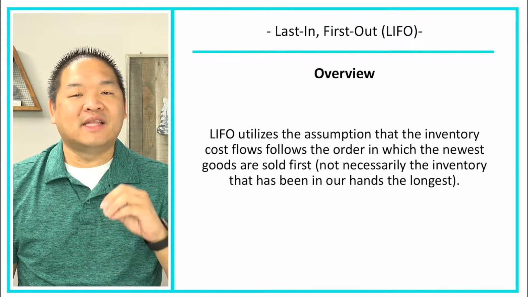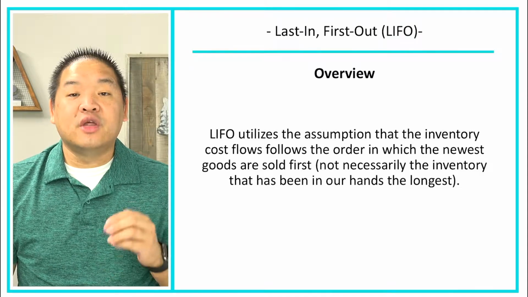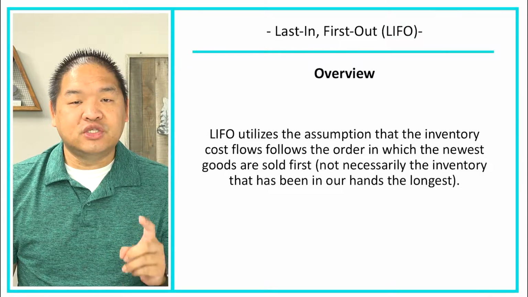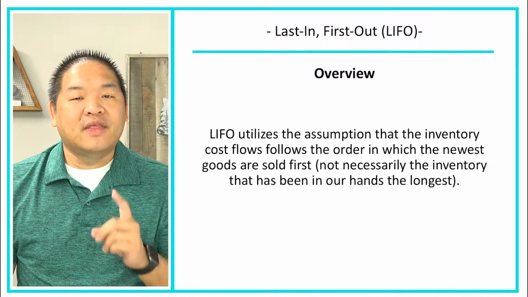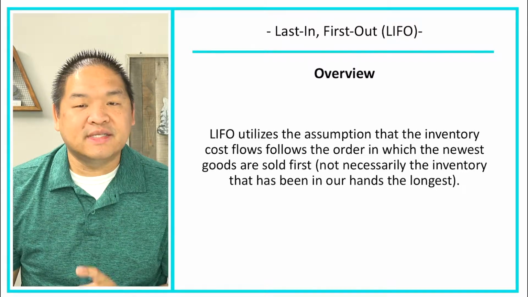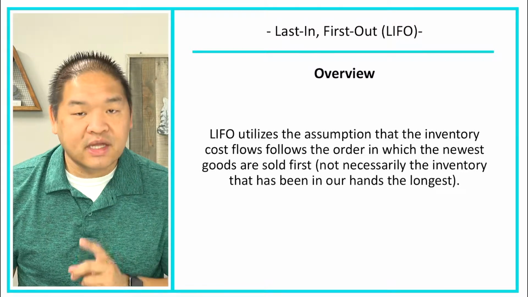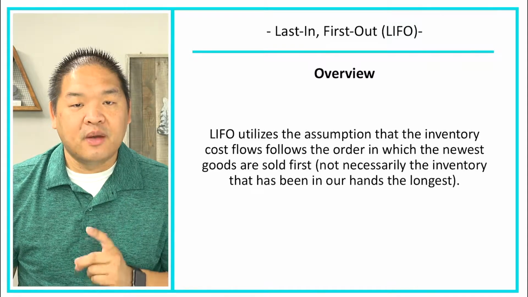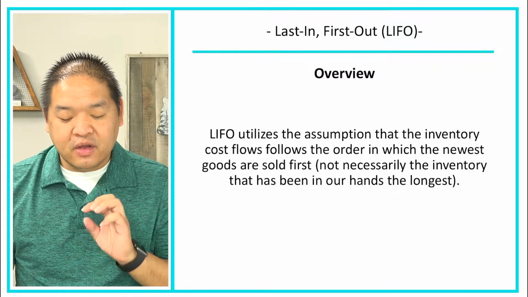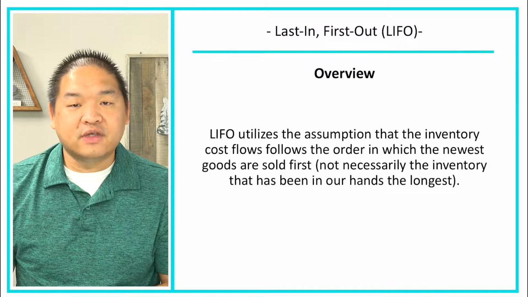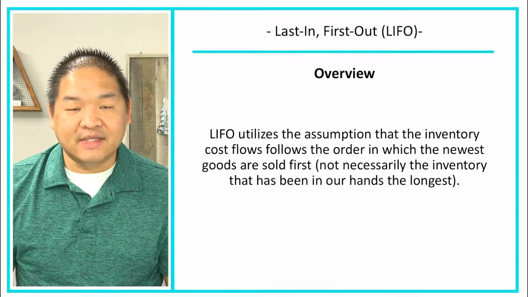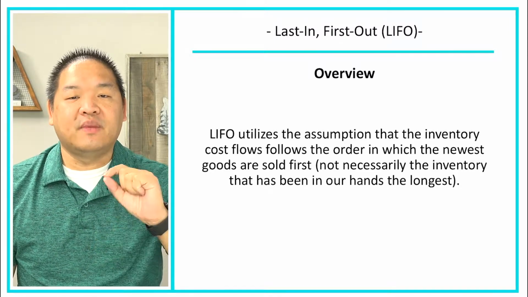They're picking the ones that just came in. So the cost flow is going to mimic what the customer usually takes at the end of the day, which is the newest item or the newest product. And so that's what the LIFO cost flow assumption replicates: what the customer does is they pick up the newest one.